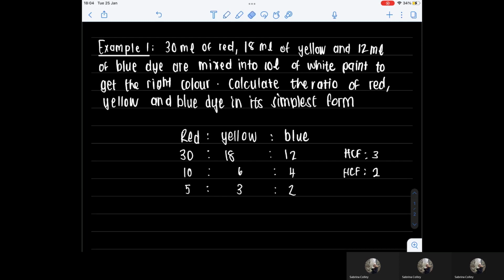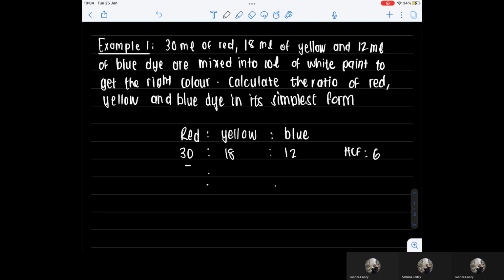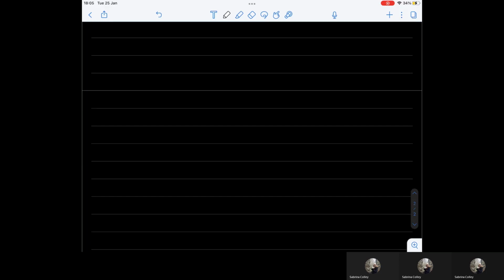Okay, so if we go from the start, and I'm looking at my highest common factor and I say, okay, my highest common factor is 6, then it would be 5. 6 goes into 18, 6, 12, 18, so 3 and 2. Okay, so then I've just skipped one of those steps. So as long as you make sure that it's in its simplest form by the time that you get to the end. Okay, let's do another example.